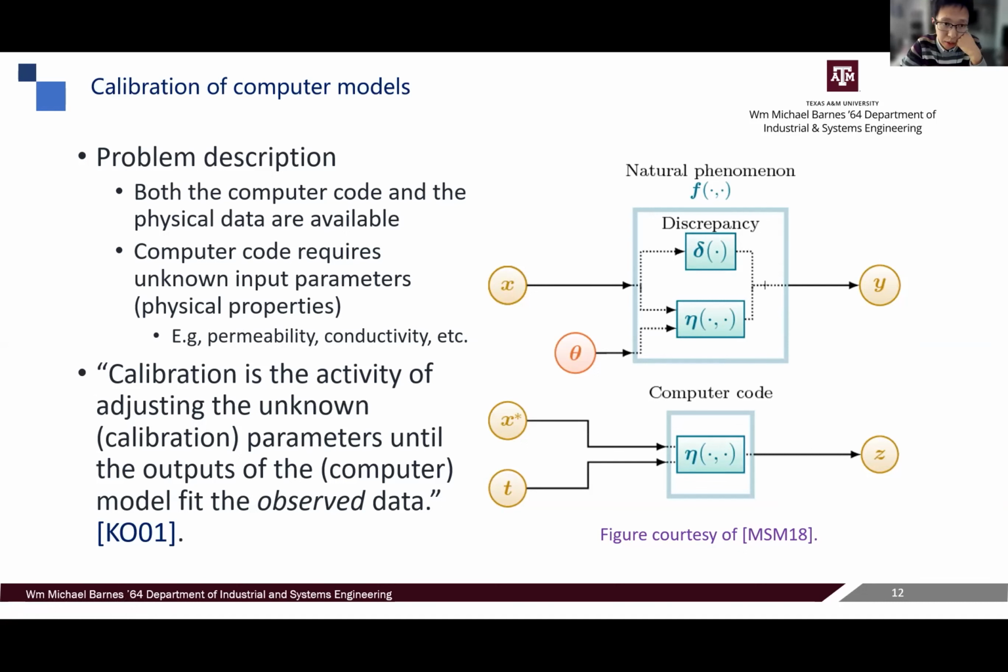In that case, one thing we can do is calibrate the model so that it can better reflect the physical reality. What we need is the computer input-output as well as the physical input-output. If we also have some physical data, that can help us adjust the computer model.